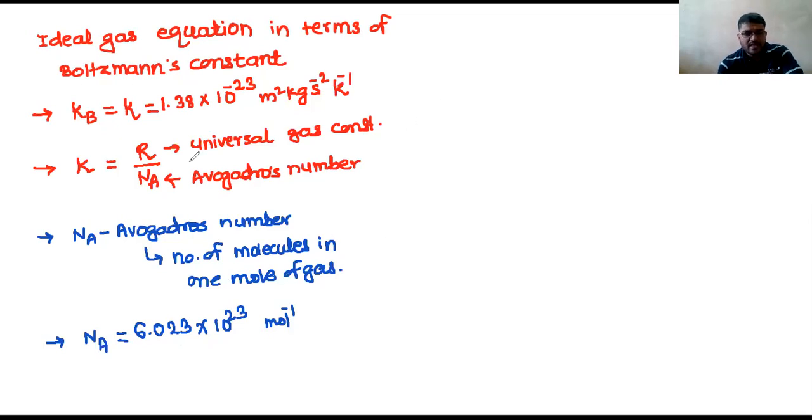Now, here already I have written k is equal to R by Na, and one more relation we are having for number of moles. Here n is equal to total number of molecules divided by Avogadro's number.